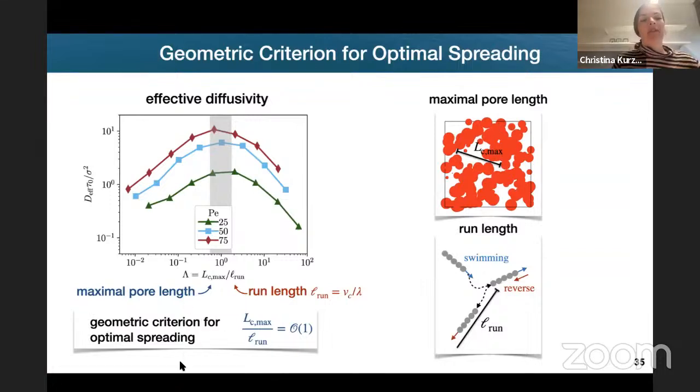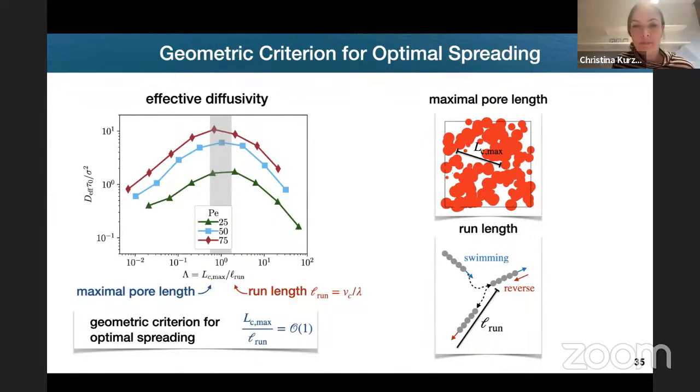This led us to define a geometric criterion for optimal spreading: cells are generally expected to spread most if their run length is of the order of the maximal pore length.